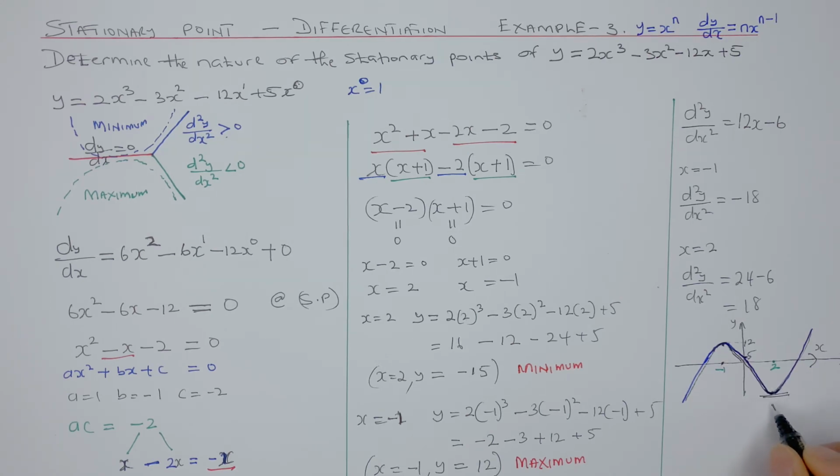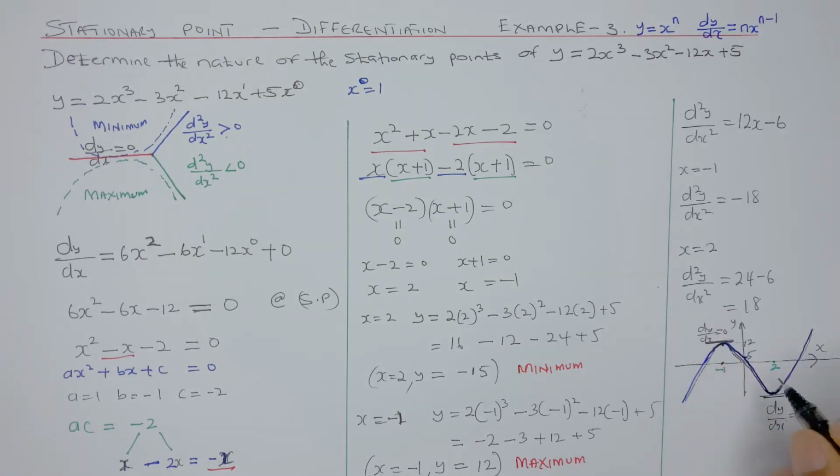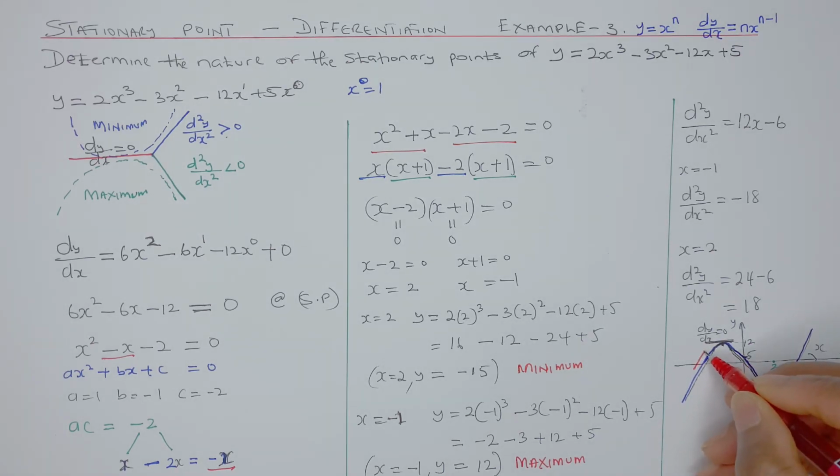Now, these are the turning points here. Stationary points are where dy/dx equals 0, and here too, as a stationary point, dy/dx equals 0. You can see the gradient here is positive, and there it is negative. That's what we just got here.